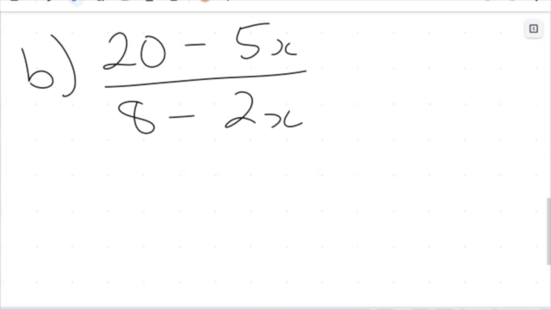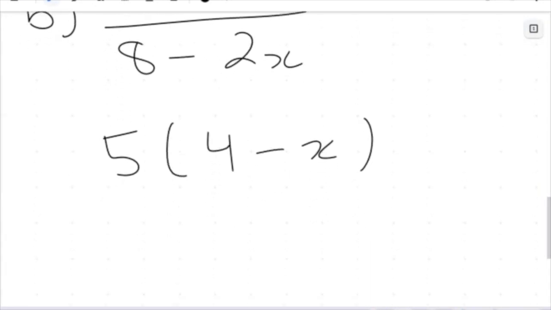So I'm trying to find a number that goes into both 20 and negative 5x. One that I can think of is just the number 5. So 5 goes into 20 4 times, and 5 goes into negative 5x, negative x times. And we're going to do a similar thing on the bottom.